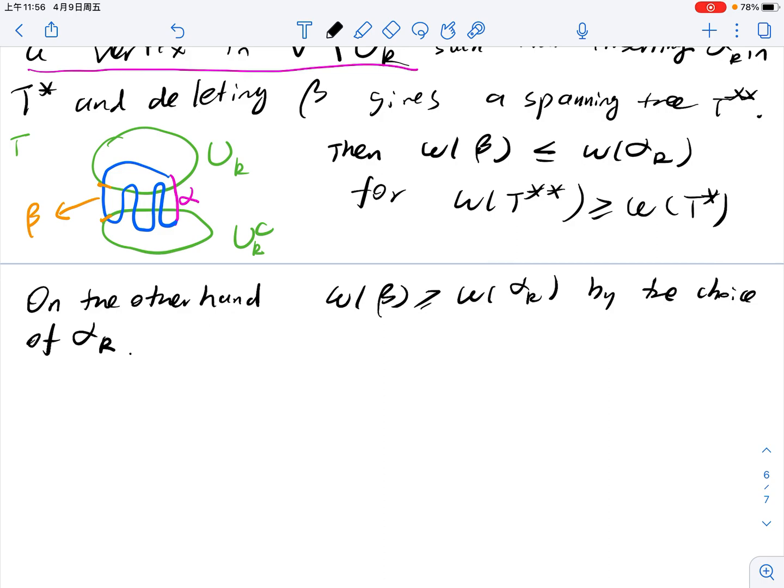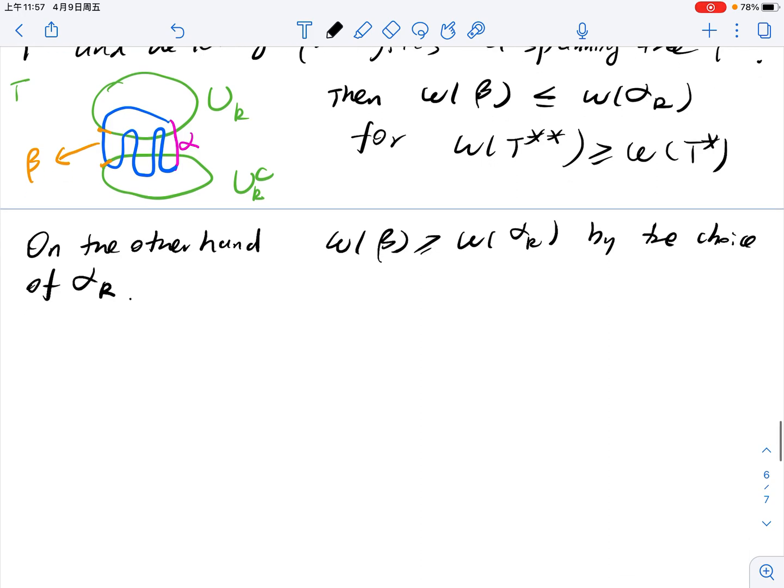So beta and alpha k both connect U_k and U_k complement. If beta had strictly smaller weight, then we should choose beta instead of alpha k. So we must have omega beta greater than or equal to omega alpha k.